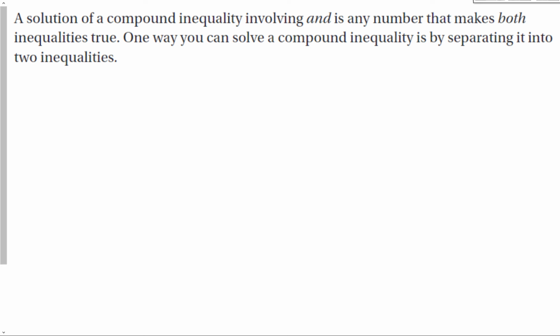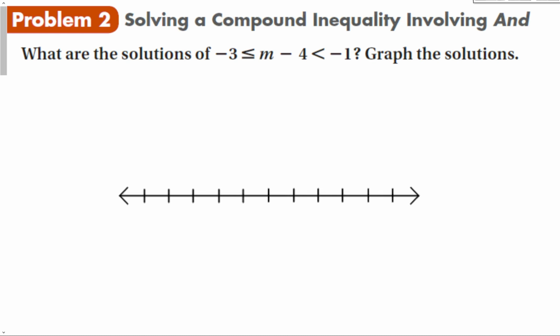Okay. So the solution of a compound inequality involving and is any number that makes both inequalities true. And one way you can solve a compound inequality is by separating it into two regular inequalities. So for this one, I could, if I wanted to, separate it into two. -3 is less than or equal to m minus 4, and m minus 4 is less than -1.